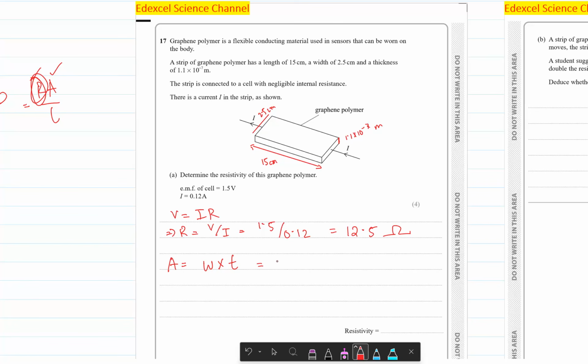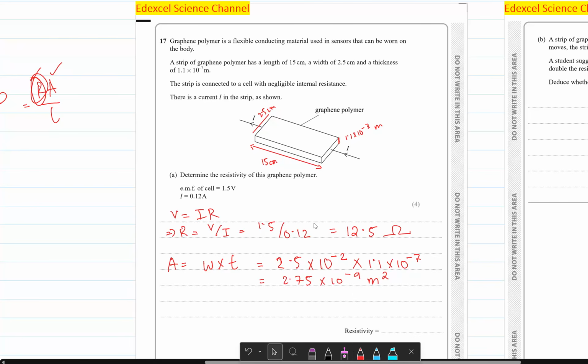Width is 2.5 centimeters, but we have to multiply by 10 to the power minus 2 to convert it to meters. And the thickness is 1.1 times 10 to the power minus 7 meters. That is going to give you 2.75 times 10 to the power minus 9 meter square.